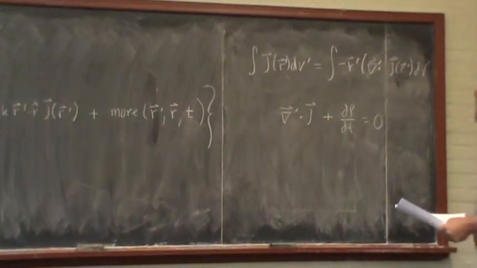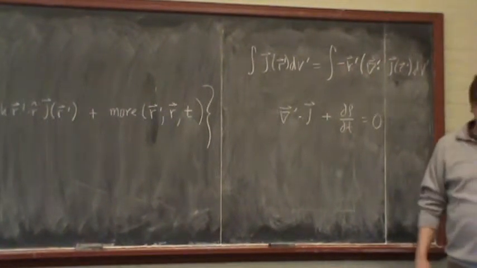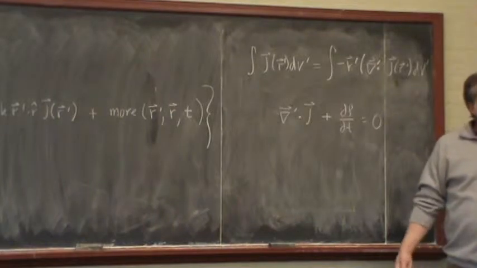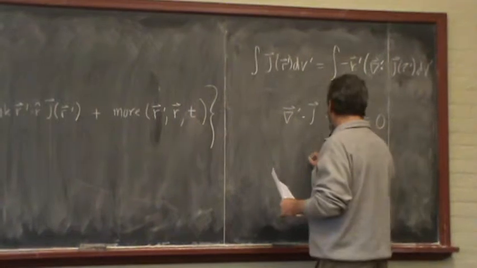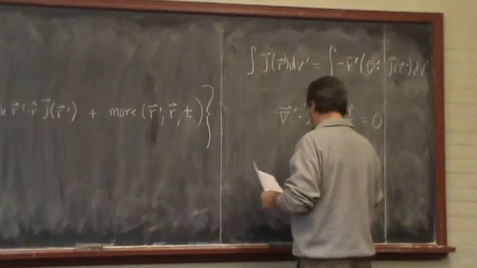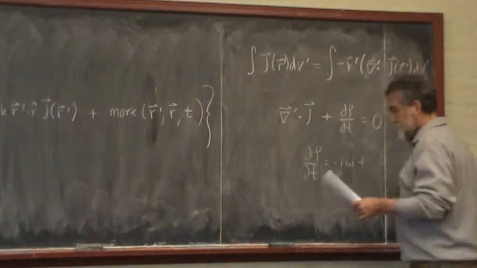And because I had previously expressed the charge in this volume of the system as an oscillating exponential, that means that this derivative d rho dt is minus I omega rho.